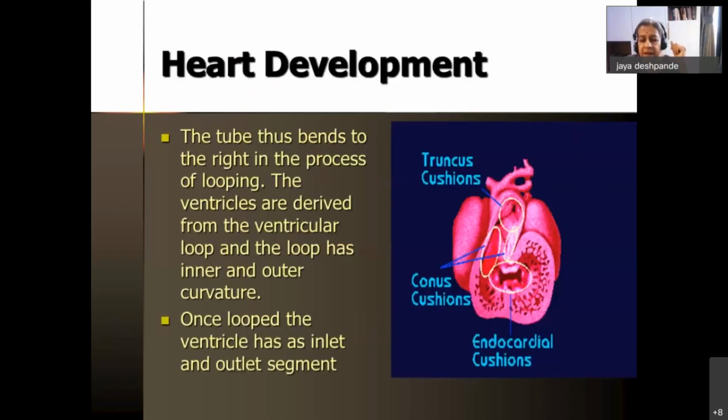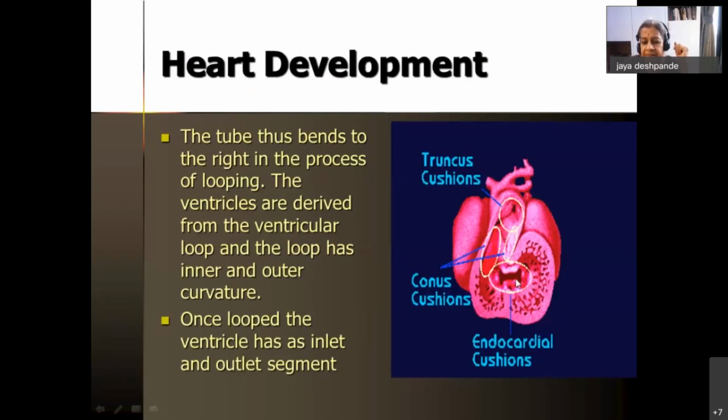Now to begin with, the heart is a straight tube, but then the tube bends to the right, and this process is known as looping. So this is the looping of the ventricles. And the primitive ventricles are present in this loop portion of the heart tube. Here is the primitive right atrium, the primitive left atrium.